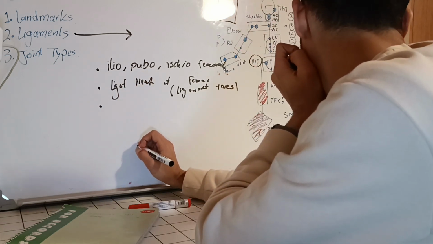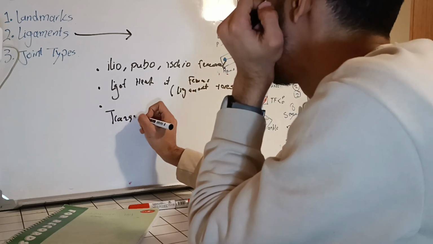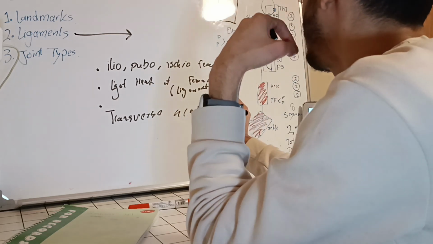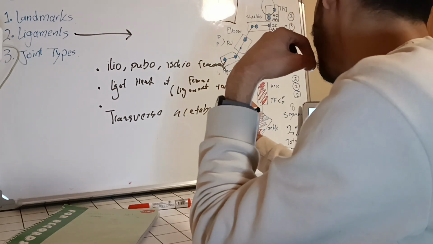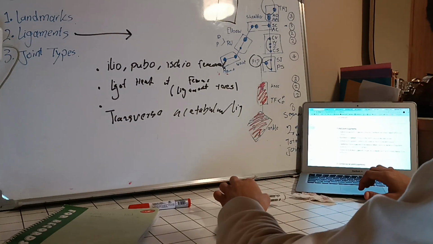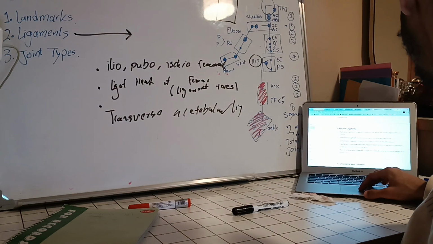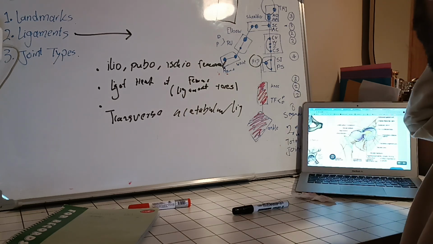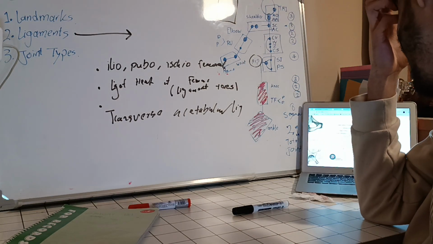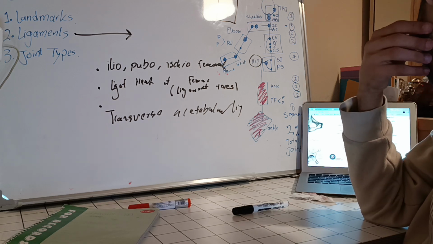Ligament teres and transverse acetabular ligament. So we have the ligament teres, which is the ligament of the head of the femur, and the transverse acetabular ligament.